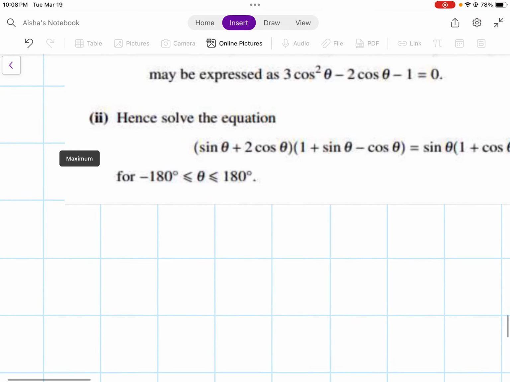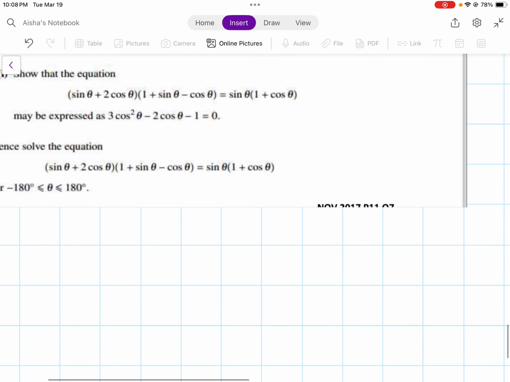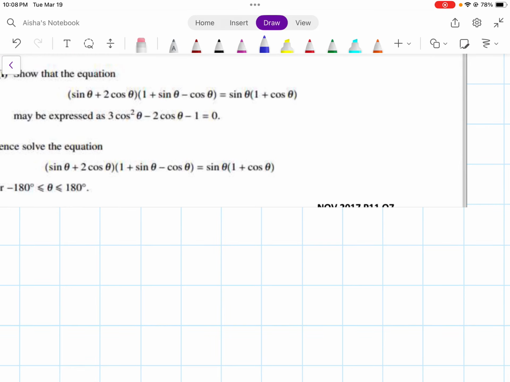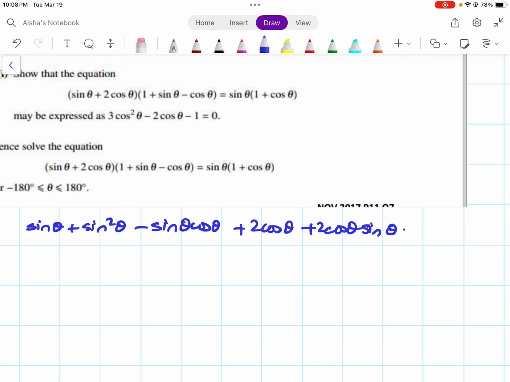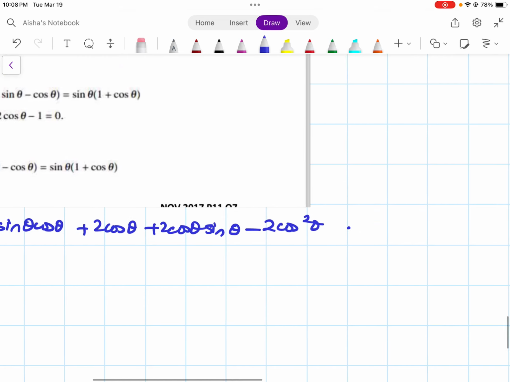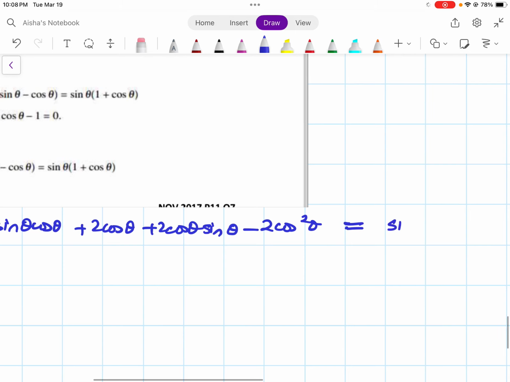Okay. Show that the equation can be written like this. Sin theta, I'm just multiplying, plus sin square theta minus sin theta cos theta plus 2 cos theta plus 2 cos theta sin theta minus 2 cos square theta equals sin theta plus sin theta cos theta.